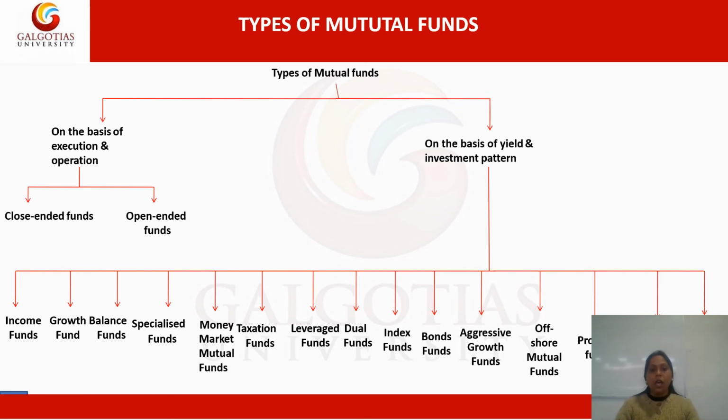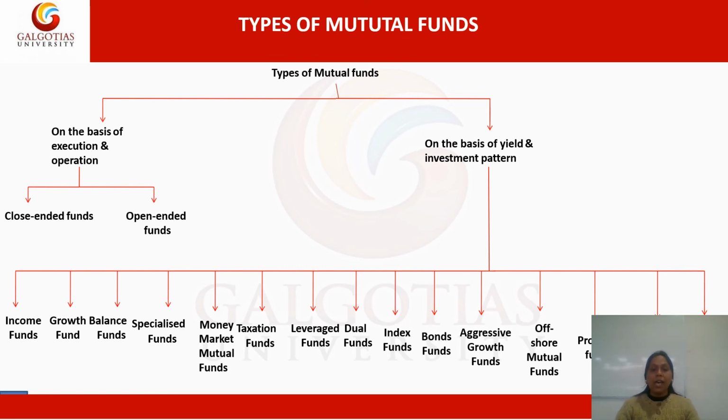Taxation funds are funds which give the benefit of taxation on the money. Leverage fund actually has the power to generate from borrowed funds. Dual fund: within that, income and growth funds, both kinds of funds, are mixed.